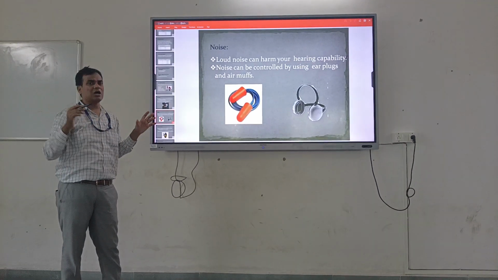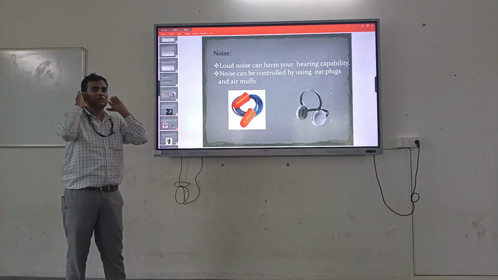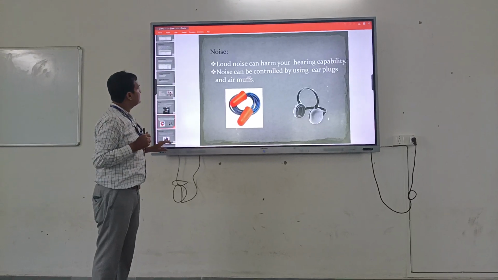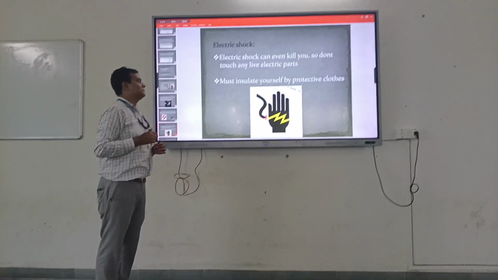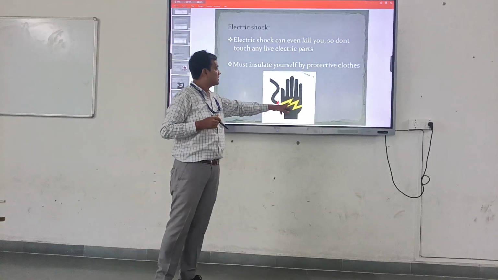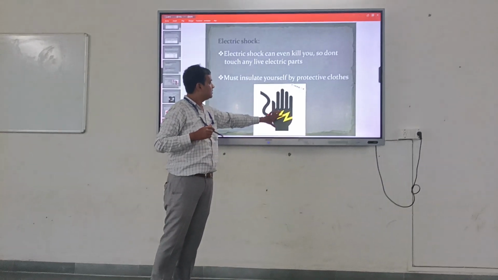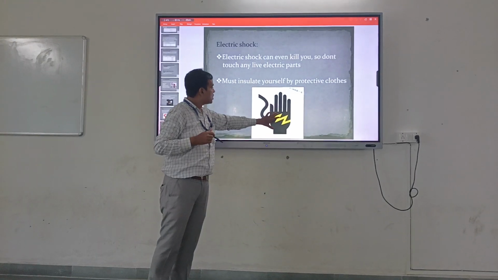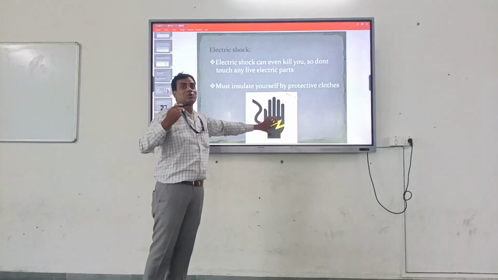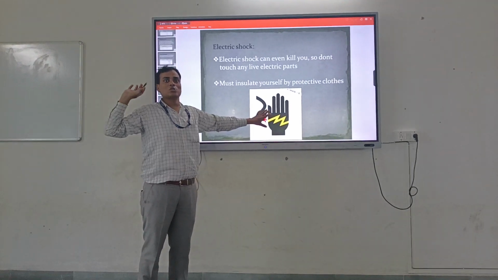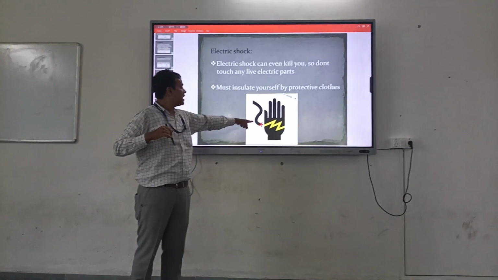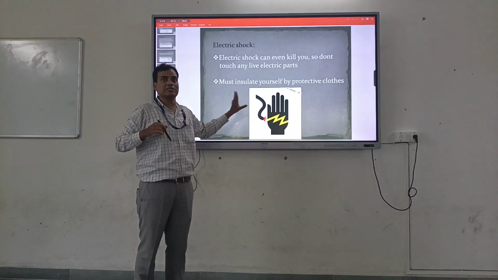Apart from it, we could also just cover the ear. Next one is electric shock. Already gloves are told. If electric shock happens, then I have to be sent to the hospital directly. So we have to protect ourselves from the electric shock. That is a very dangerous thing.